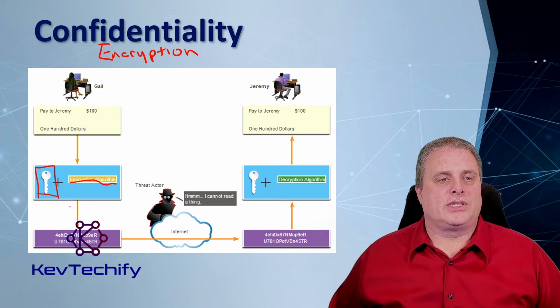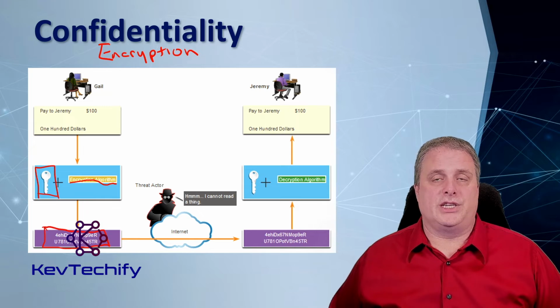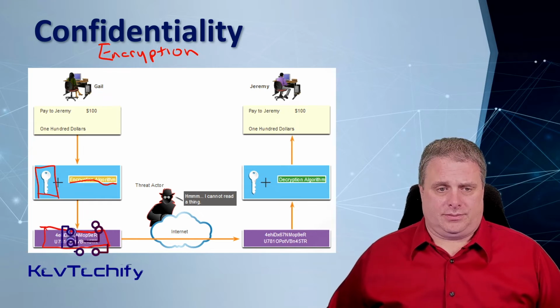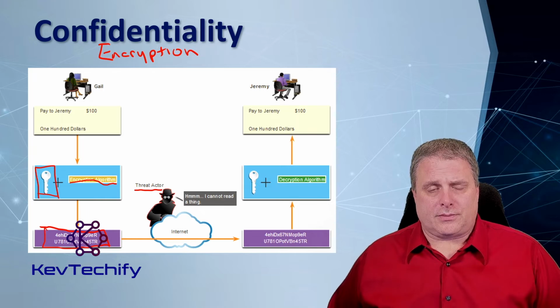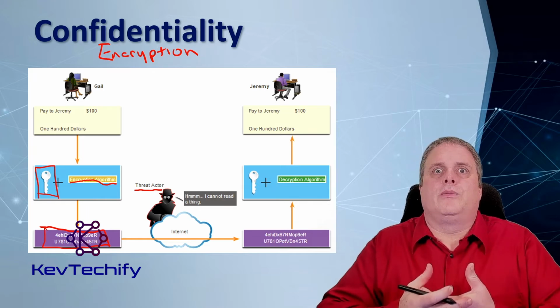That data now, instead of saying pay to Jeremy $100, looks like a string of random digits, letters, numbers, symbols. So if somebody on the internet intercepts that data, we call them threat actors. The threat actor gets that data, they're going to look at it and they're going to see all these random numbers and letters.